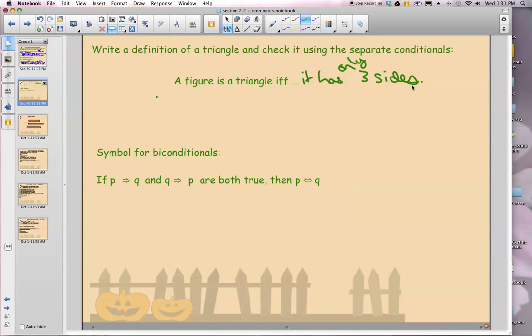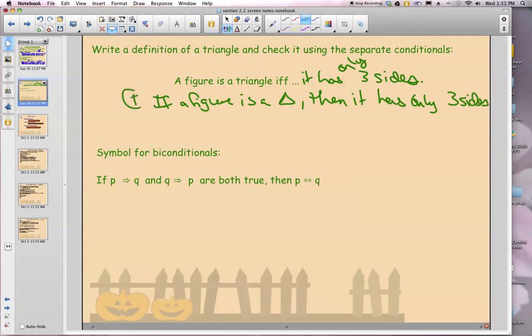You say this statement, take out the if and only if, and write it as a conditional. If a figure is a triangle, then it has only 3 sides. Is that true? Yep, that's true. Okay, now you write the converse. If a figure has only 3 sides, is it a triangle?